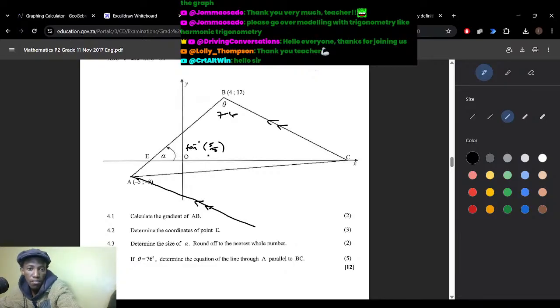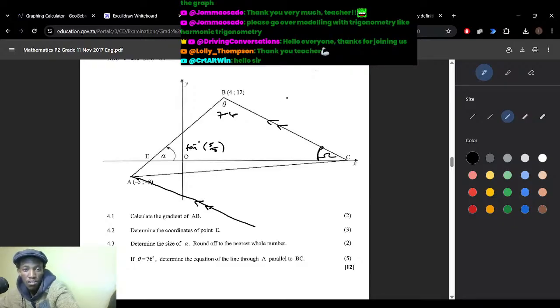So now we can also calculate this angle here. Can we? Yes, we can. Because if you consider triangle BEC, where EC lies on the x-axis, we can calculate this angle. Let's call this angle here omega. We can calculate this, yeah?